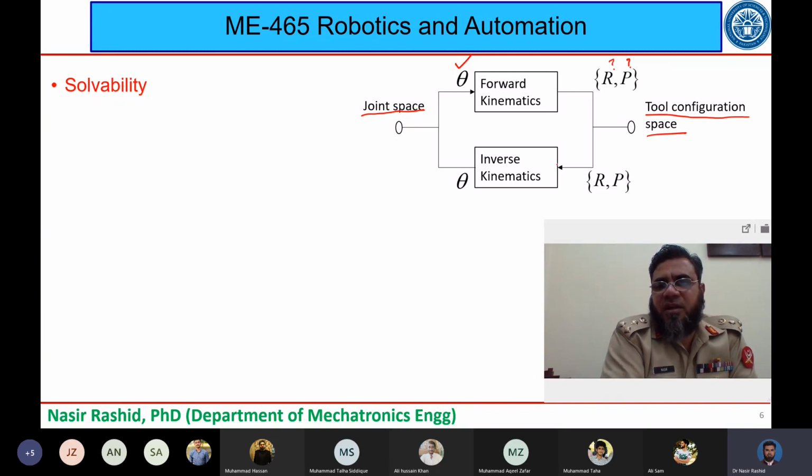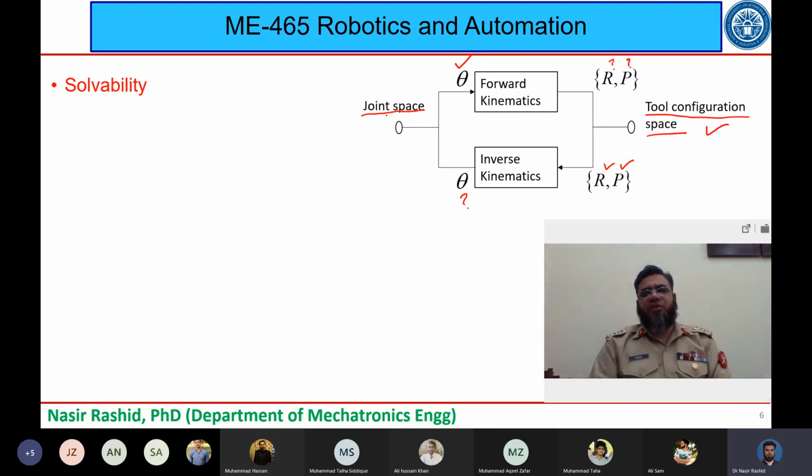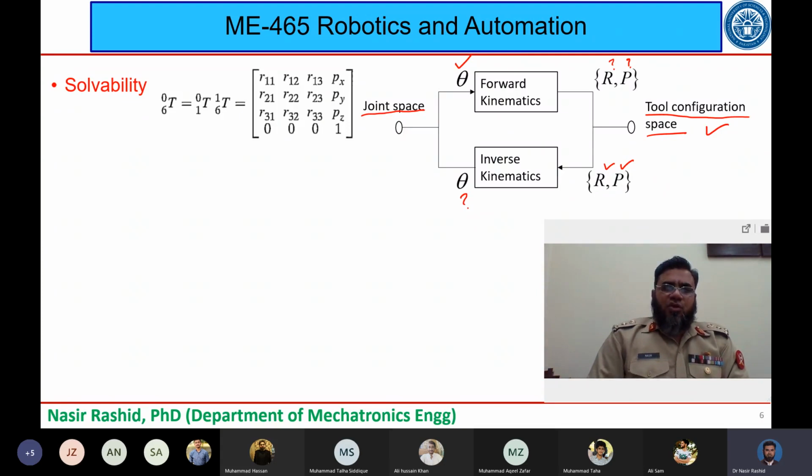So this is the forward kinematics, and its inverse is that we know this tool configuration, we know these two, which are the rotation and the position of the manipulator or of the tool configuration, and we want to find out the theta to go into the joint space. So this is how the solvability of a manipulator in inverse kinematics can be seen with the help of this diagram.